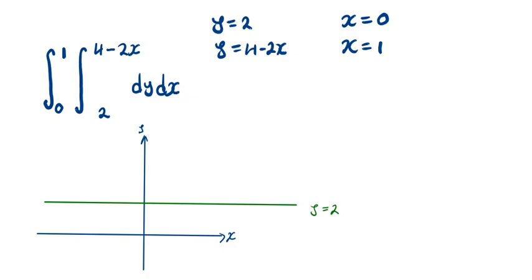Then what else do we have? Let me do x equals 0. So your y-axis is actually x equals 0, so this is x equals 0. Then what about x equals 1? So x equals 1, so we can put up something right here.